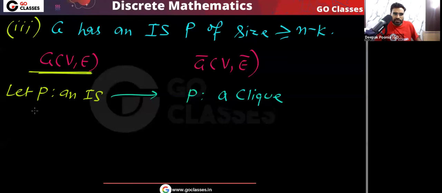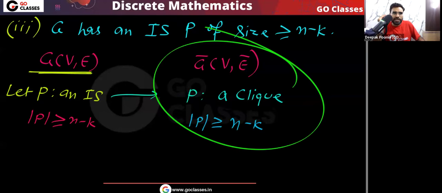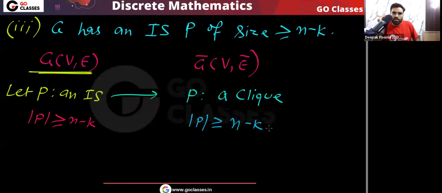Here you can see if this P has size greater than or equal to n minus k, then the same P will become a clique when you complement the graph. So we can say that if G has some independent set P of size at least n minus k, then G complement has a clique of size at least n minus k.